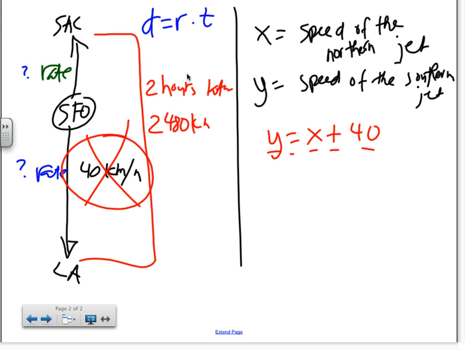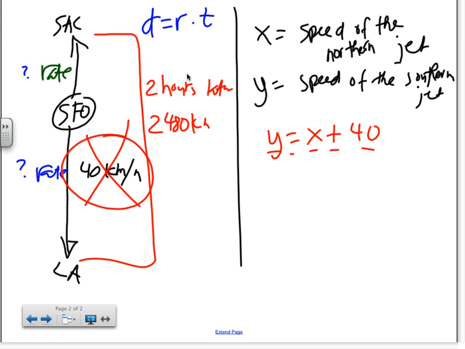So is it fair to say that if I assume I know the speed of the jet that's going north, times it by 2 hours, that will give me the distance that this jet traveled to the north, right? And if I know the speed of the one that's going south to LA, times it by 2 hours, I will also know the distance of the jet going south.